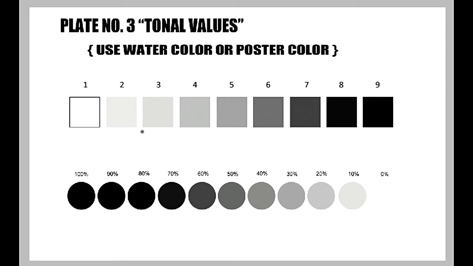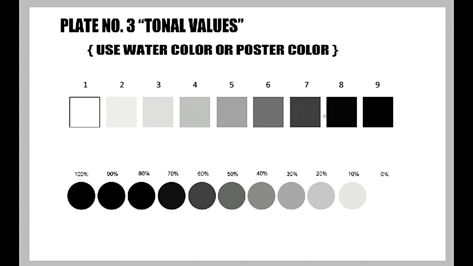Okay, sa taas 9 kinds, make that 8 level of values. Okay, kasi yung number 1 ay kasing puti lang ng papel, kaya 8 lang yung ginawa mo na shading or kinds of shade ay 8 lang.